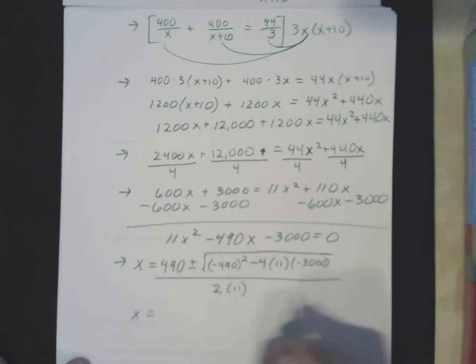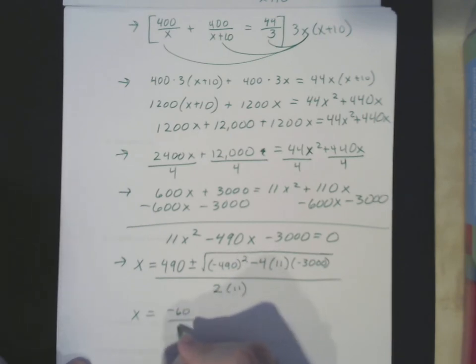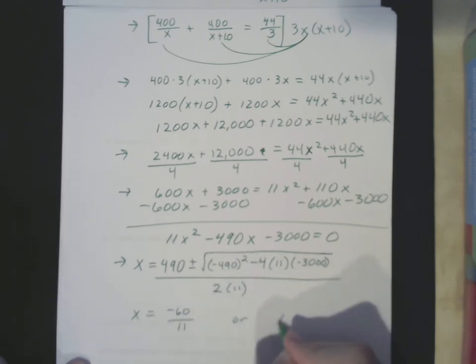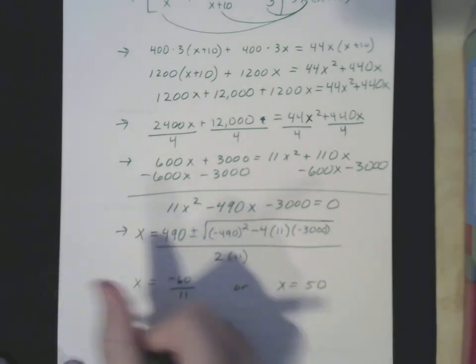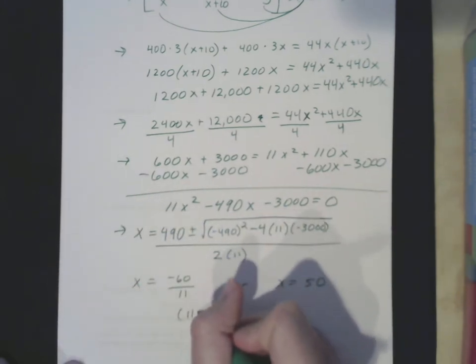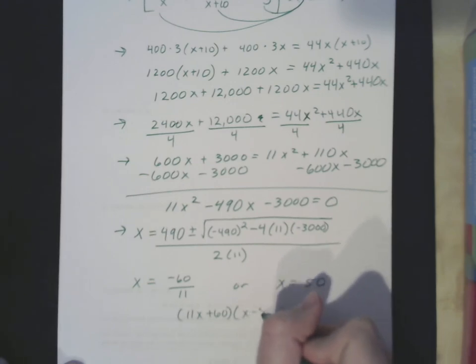And I just pop this into the calculator, because why not? We get negative 60 over 11, or x equals 50. So it just turns out this did factor. If you're curious, it was 11x plus 60 times x minus 50.